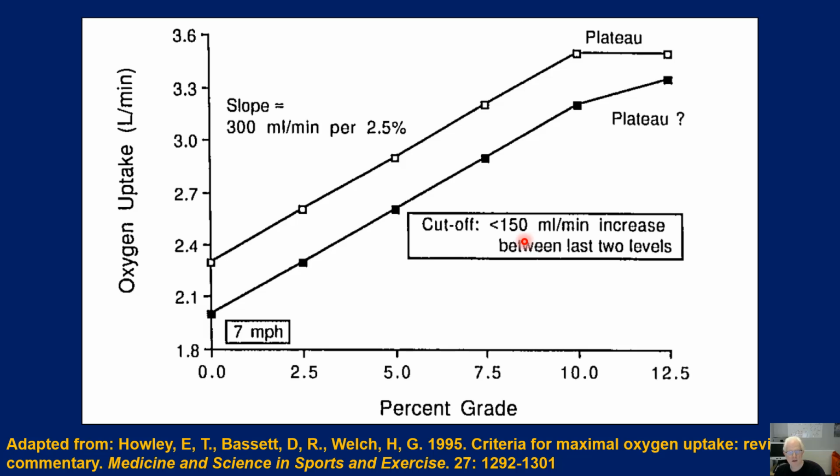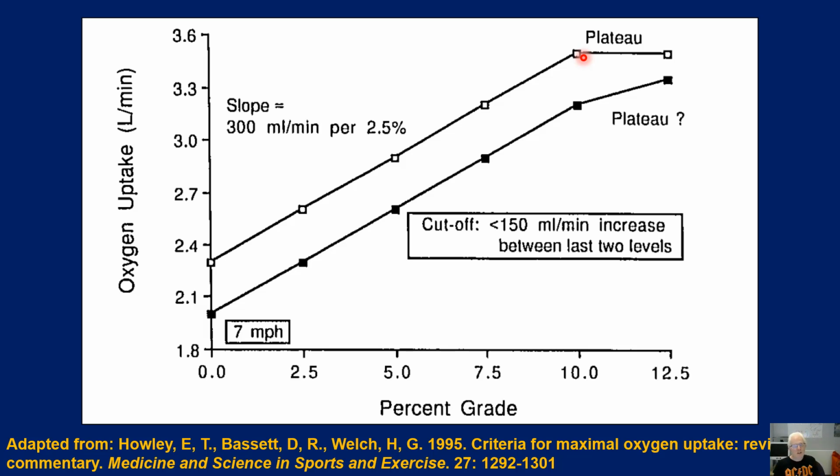And this criteria is that they used a cutoff to define a plateau of a difference of less than 150 mil per minute increase between the last two successive data points. So if the difference is less than 150 mil per minute, then that was defined as a VO2 plateau. Because we get biological variation.